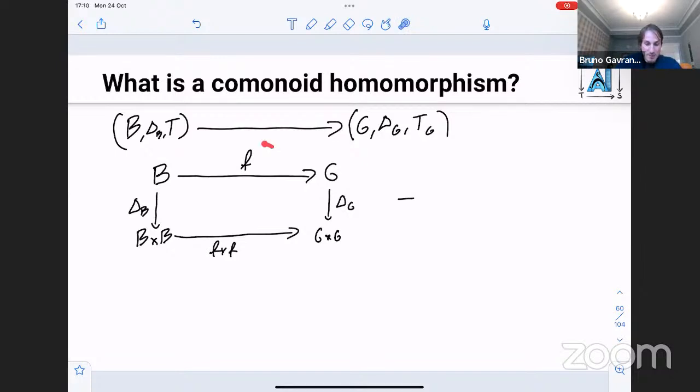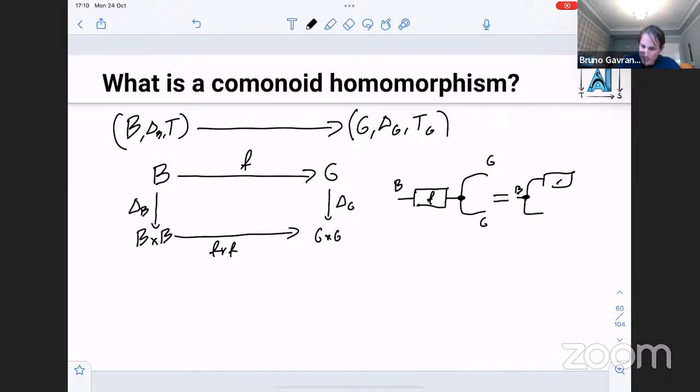Remember, we are in a monoidal category, so we can draw this as diagrams. We might draw F like this, which takes some set B, and then draw the copy operation like this, saying we apply F and then copy the result, getting two Gs. And we are positing that this is the same as first copying the input B and then applying F twice.